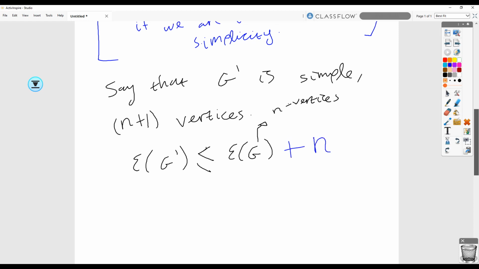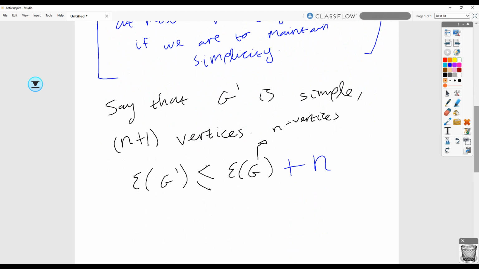We did that just using the lemma. If you have a graph with n vertices, then to get to the simple graph with n+1, you would add one vertex, and then you'd have at most n more edges. So we know that this is true from the lemma.